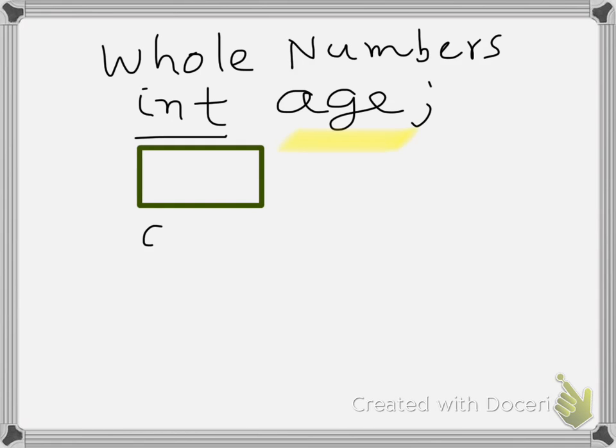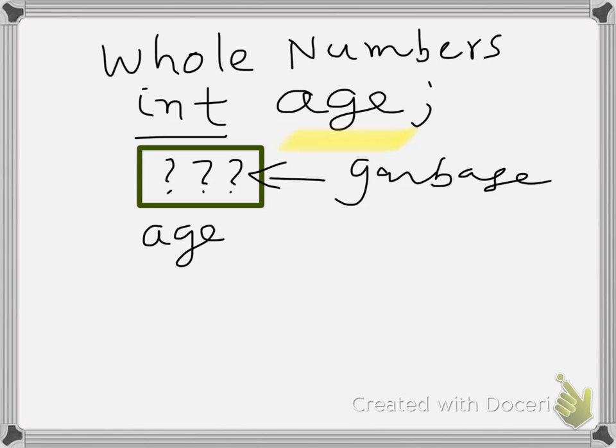The box is called age. This is the name of the box. And inside it, at that point, we don't know what is in there. For all practical purposes, this line will simply create a box. For us, that's just garbage.